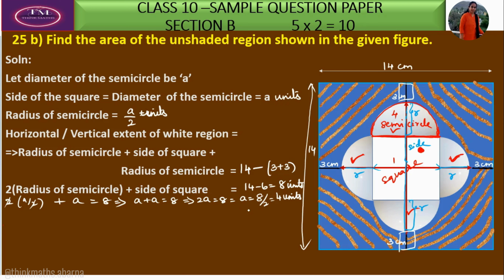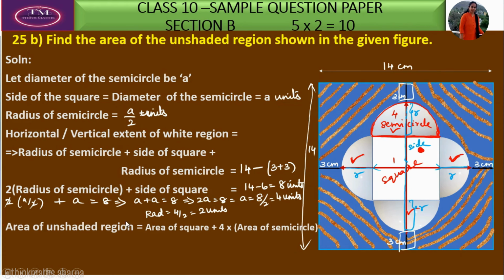So we got the side of the square and the radius of the semicircle. What is the radius of the semicircle? It is 4 by 2, which is 2 units. So we got the radius as well as the side. Now we have to calculate the area of the unshaded region.